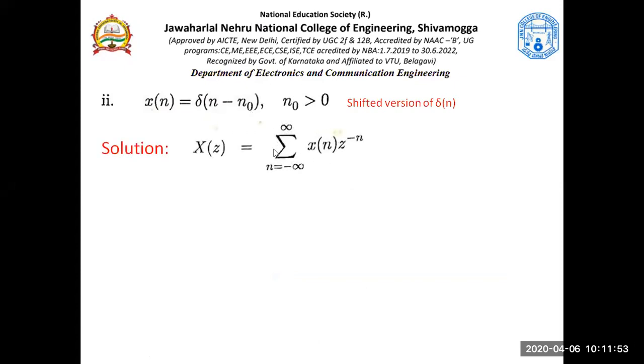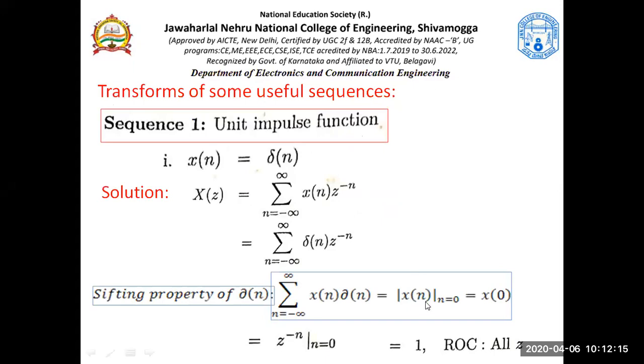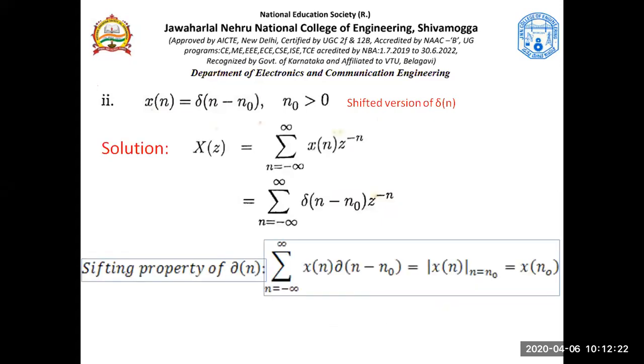See here, now this delta of n minus n naught needs to be brought here. This is how it looks. Now again by the shifting property, you have to evaluate this summation. How to evaluate this summation from the shifting property? Earlier it was x of n being evaluated at n equal to 0 because delta of n exists at n equal to 0. Now see here, delta of n minus n naught exists at n equal to n naught.